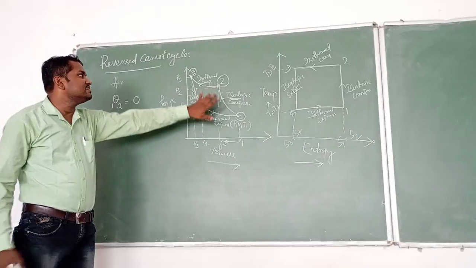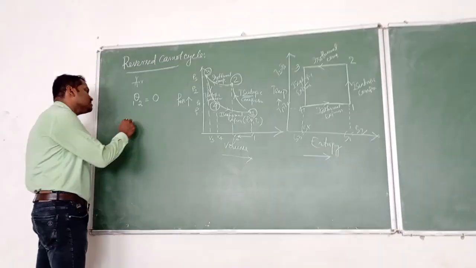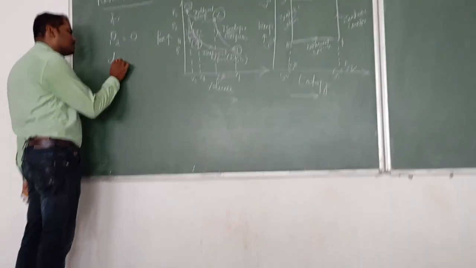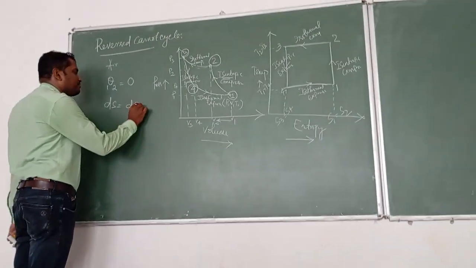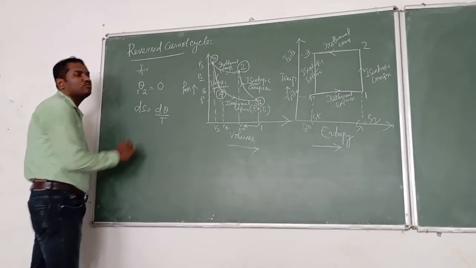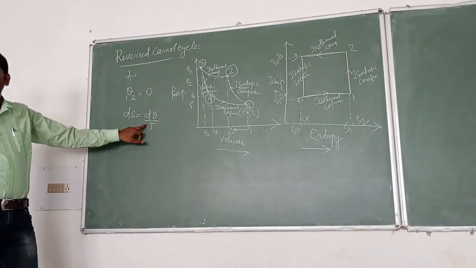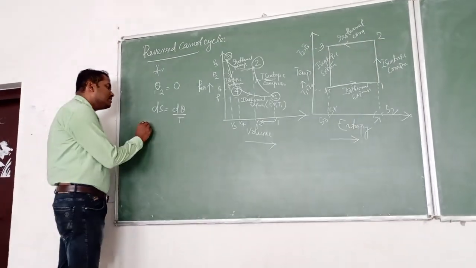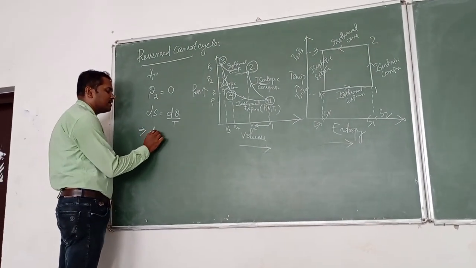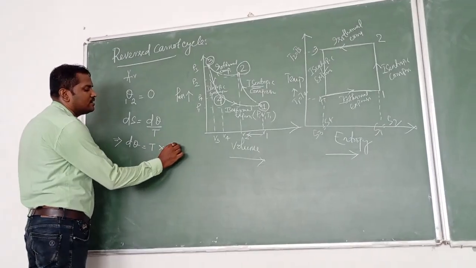Since it is an isothermal process, we know the formula for heat transfer based on entropy: dS is equal to dQ by T. That is, entropy may be defined as the ratio of heat transfer to the absolute temperature. We need to find dQ, the heat transfer, so dQ is equal to T into dS.